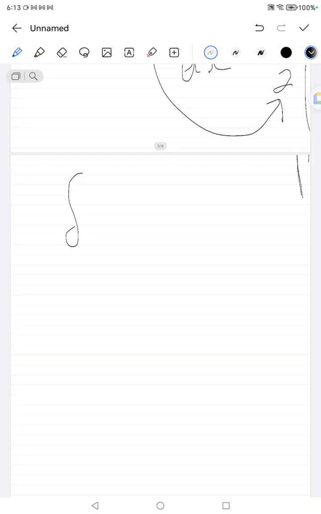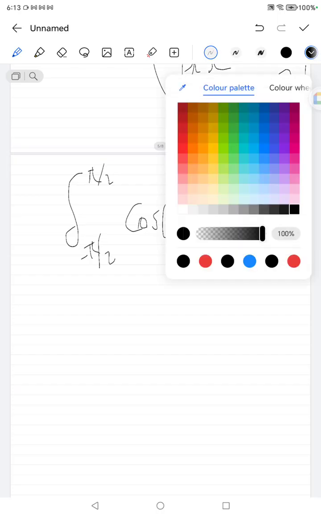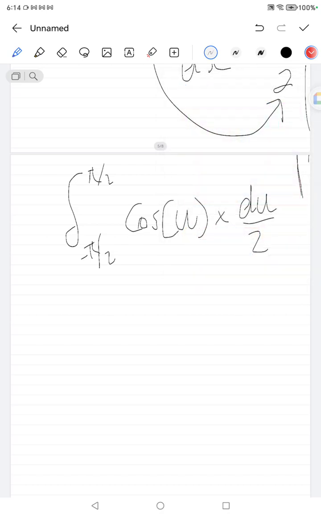We're going to have this, then pi over 2 to minus pi over 2, then cos of u, multiplied by the du over 2. You can note that this is the same as having 1 over 2 multiplied by your du.